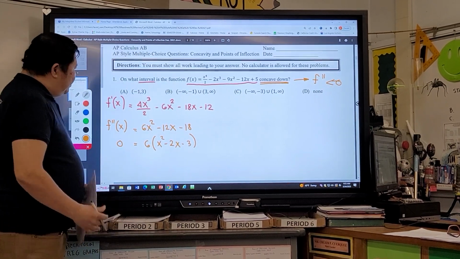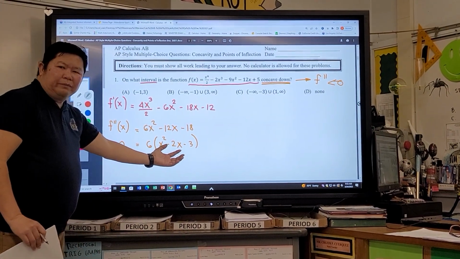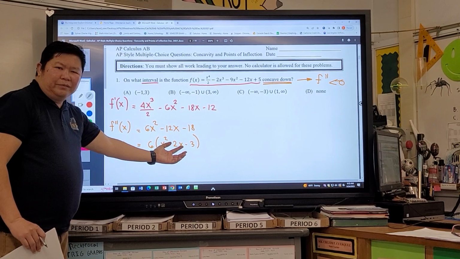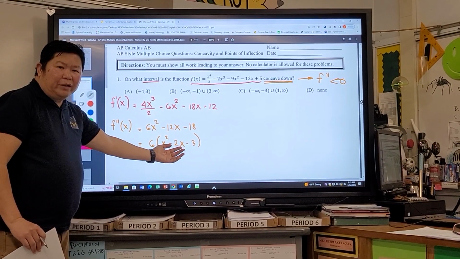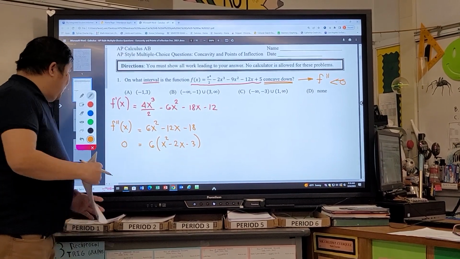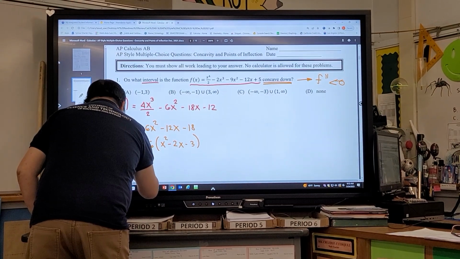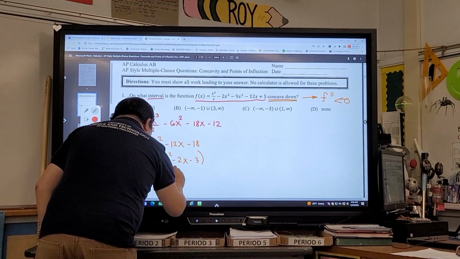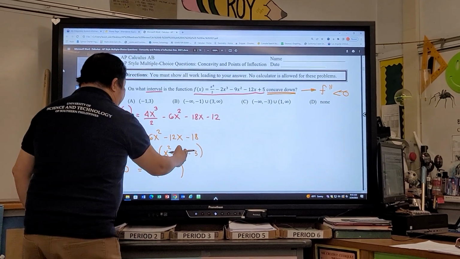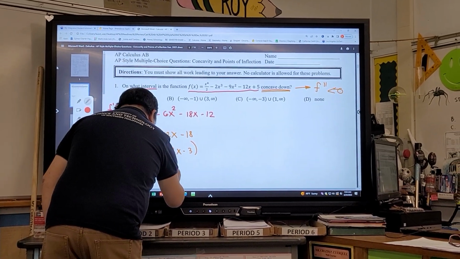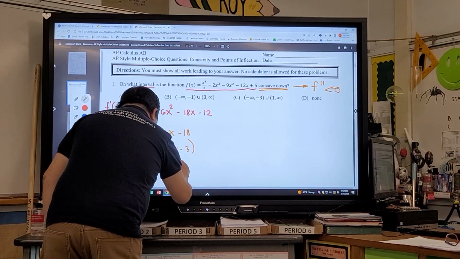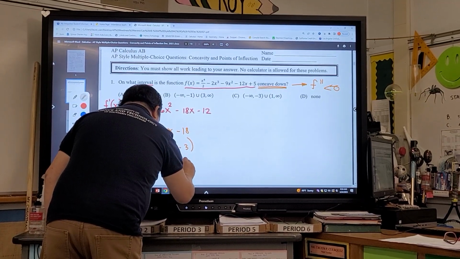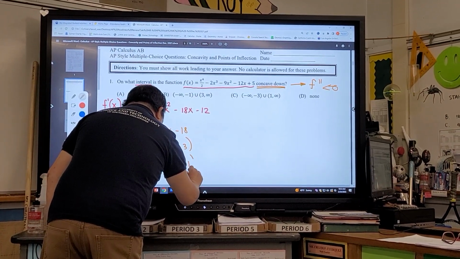Okay, but can we still factor this one? Yes, right? So factoring this, we have x minus 3 and x plus 1.